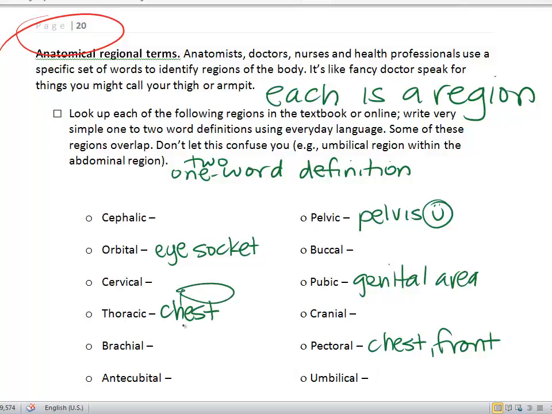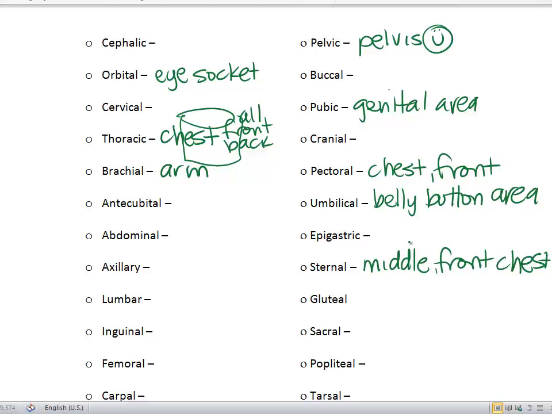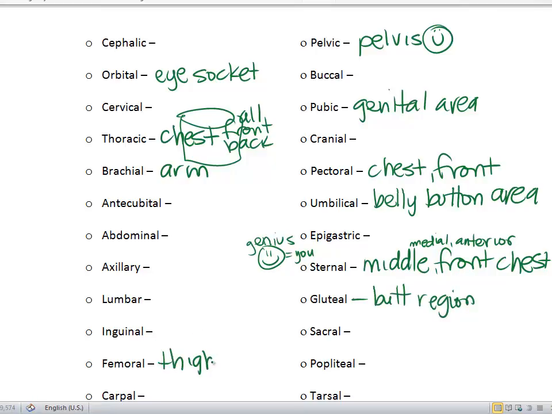So for example, if someone said, where's the pectoral region of your body? I would immediately think the front of my chest. If somebody said the brachial region of my body, because I've taken anatomy, I know that means the arm. Or umbilical means the belly button area. Sternal, that's sort of that middle breastbone, so it's the middle front of my chest.